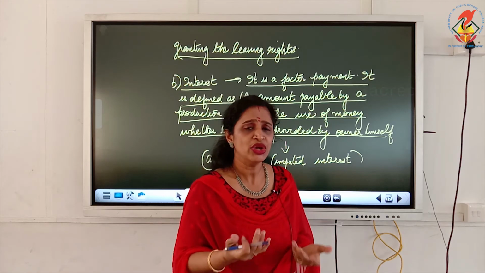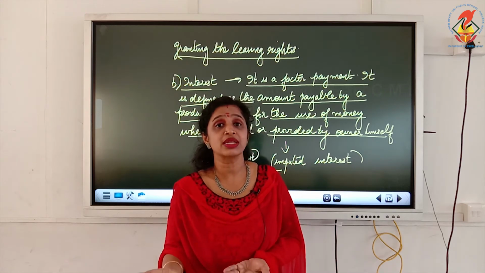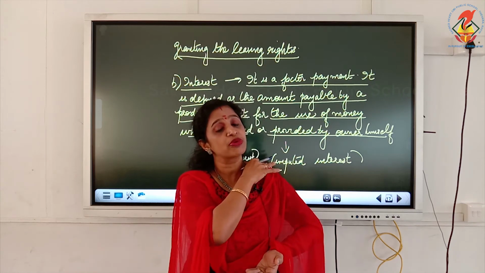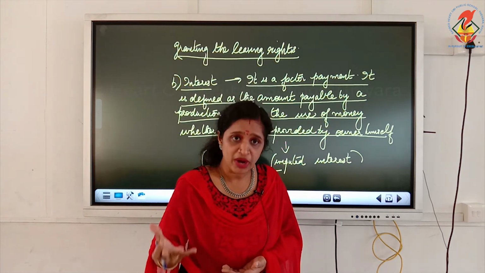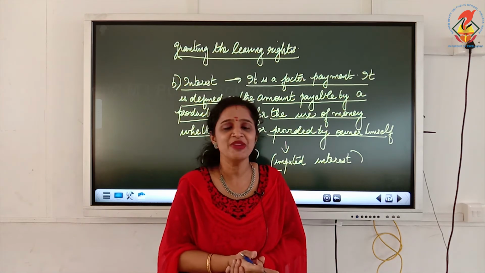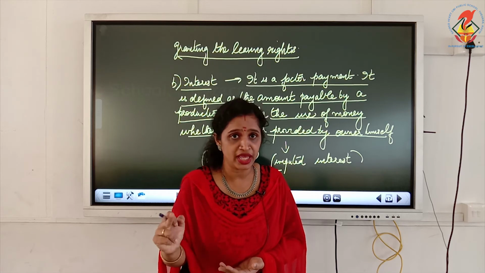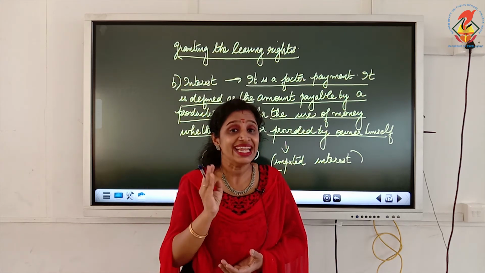We use money for both production process as well as consumption purposes. Sometimes we borrow money for the production process as well as for the consumption process. If we borrow money, we have to definitely pay the interest. So, interest which is paid for the money which is borrowed for our need is known as the interest.